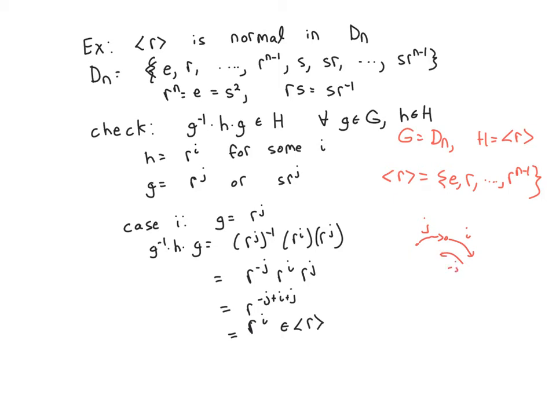If you actually get out a polygon and try it, you'll see that you get the same result as if you only did it clockwise i times, because the clockwise j times and the counterclockwise j times cancel each other out, because when you're doing only rotations you have commutativity. And why? Because here you're actually working entirely in the cyclic subgroup itself. So we're closed under conjugation by R to the j.